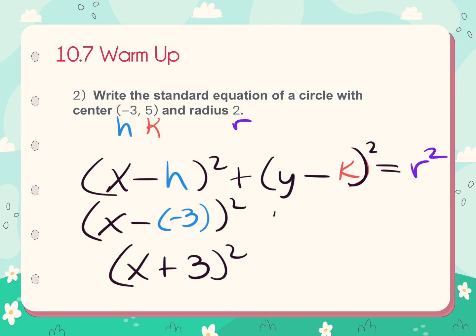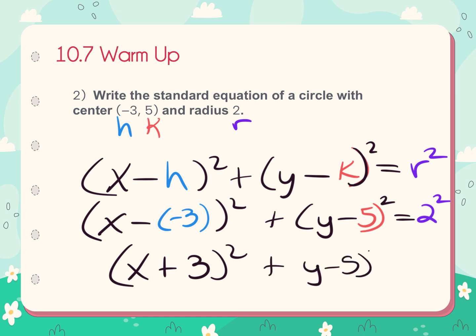Then here, y minus k, 5 is positive, and then I'm going to put my radius here. Then I'll rewrite this part, but I have to square the radius. And that would be your standard form. So it's just a matter of plugging in 3 numbers.